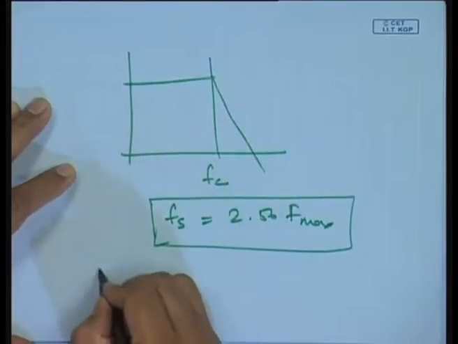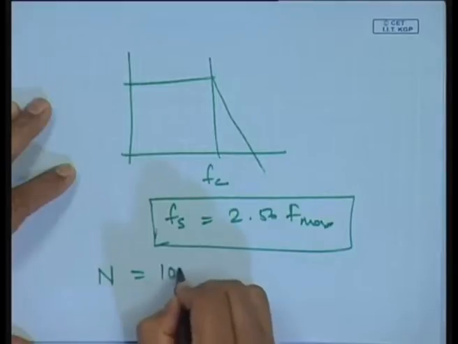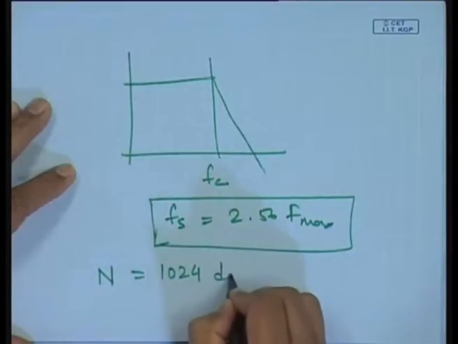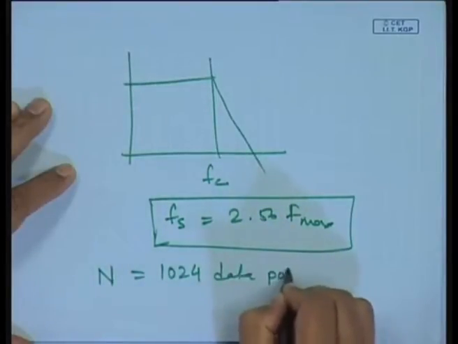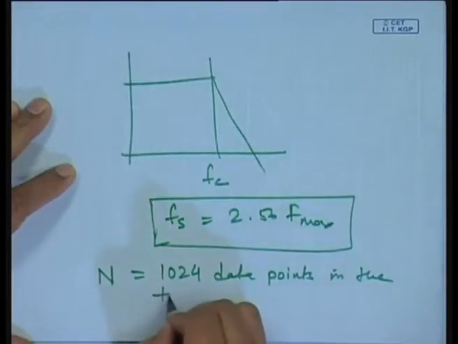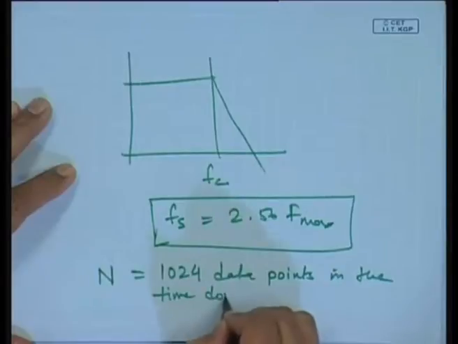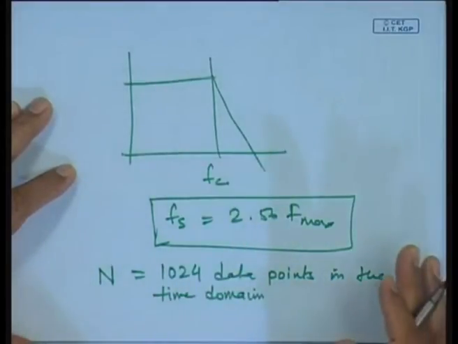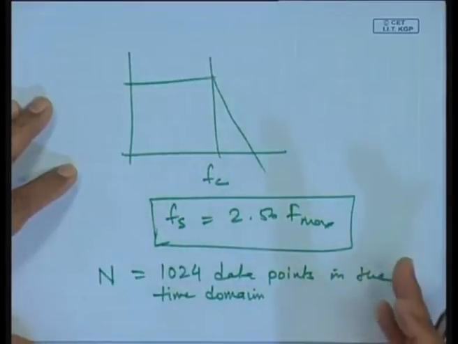So, if n is equal to 1024 data points in the time domain, we will have 512 points in the frequency domain of interest to us. We will discard the few points at the last.